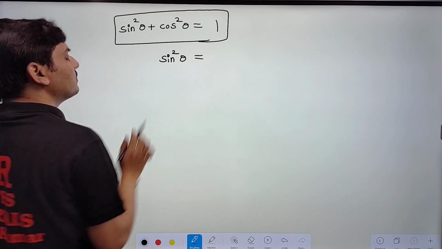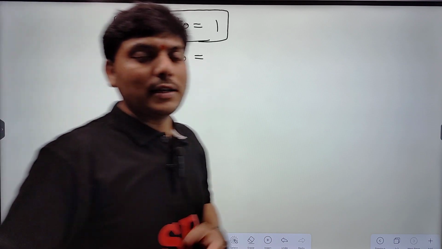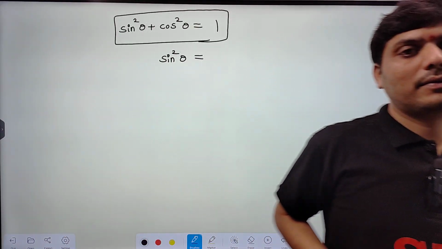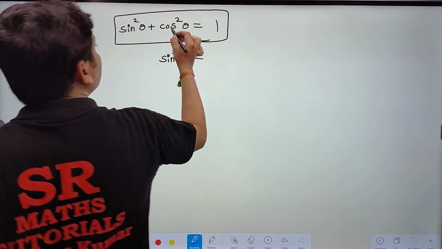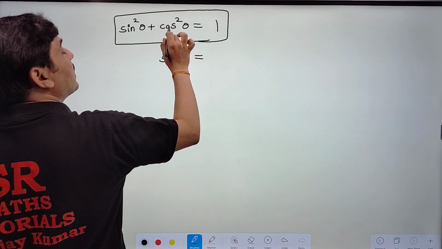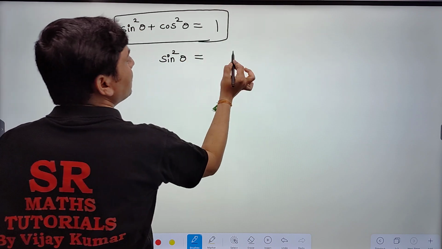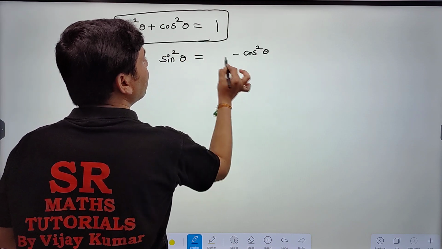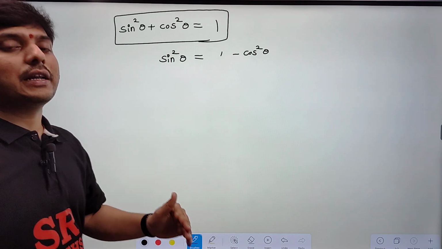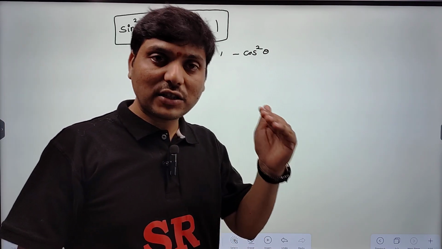Very easy. Sin square theta plus cos square theta is 1. Then what is sin square theta? The cos square theta moving from left to right, the sign will be changed. Cos square theta is subtracted from 1. Sin square theta is equal to 1 minus cos square theta.